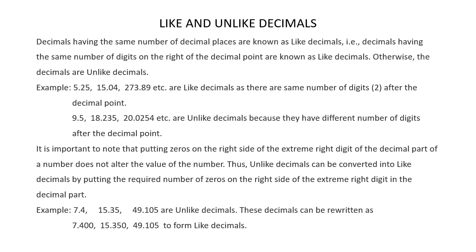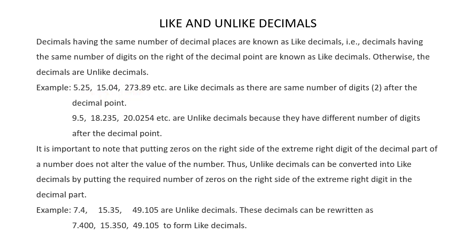For example, 5.25, 15.04, 273.89 are all like decimals, as there are the same number of digits after the decimal point. Each of these numbers has 2 digits after the decimal point. So these three numbers are like decimals.